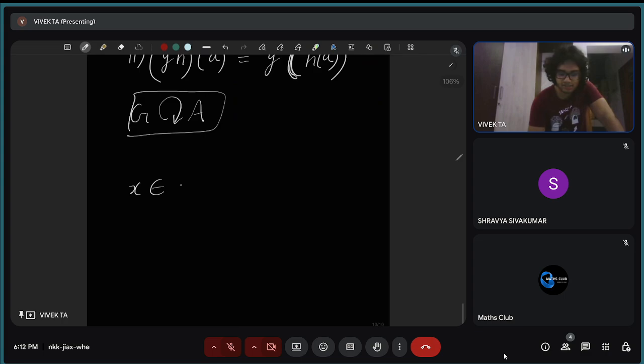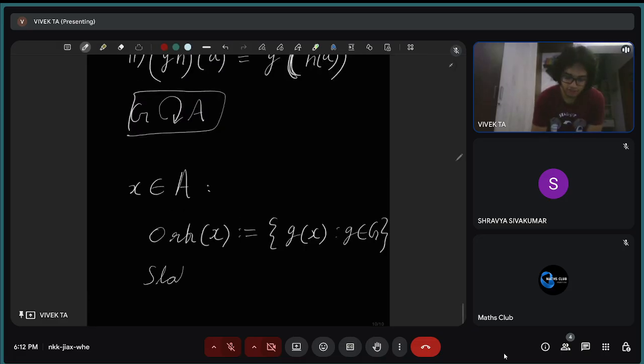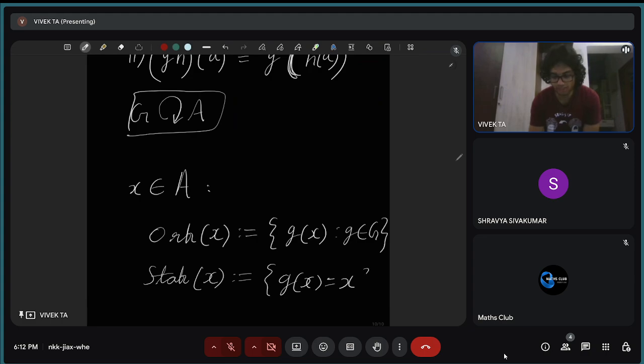Given an element x in A, the orbit of x is defined as the set of all gx such that g belongs to G. So it's the set of all elements you can get when you apply the functions on x. The stabilizer, on the other hand, is the set of all g's such that gx is equal to x.